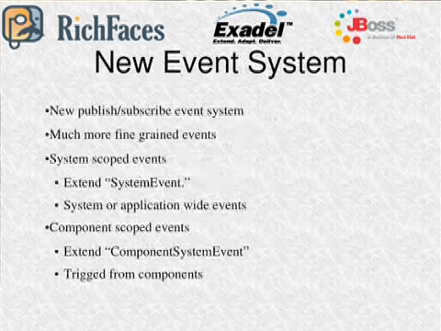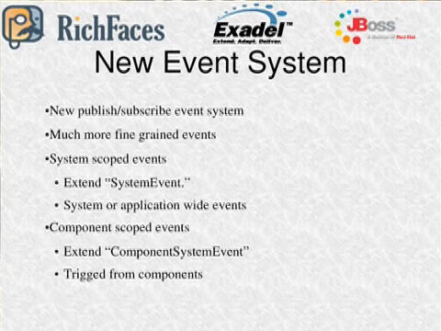New event system, I think, is most interesting for custom component developers. It provides three levels of system events: application-wide events, view events, and component-level events. For example, in our component set we have data tables and a paginator component.